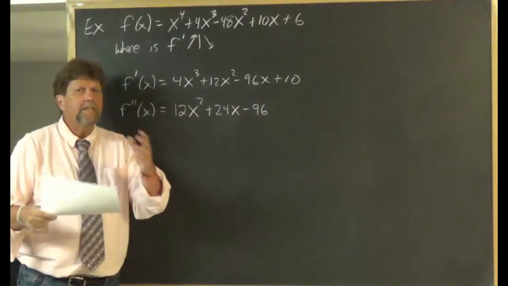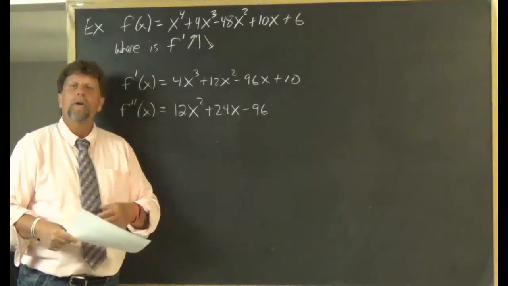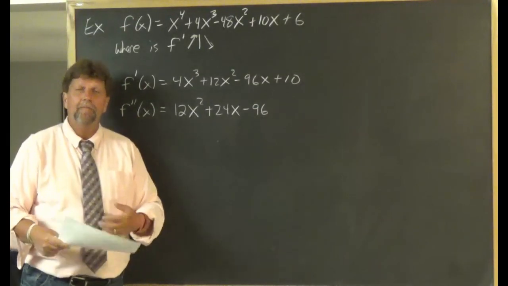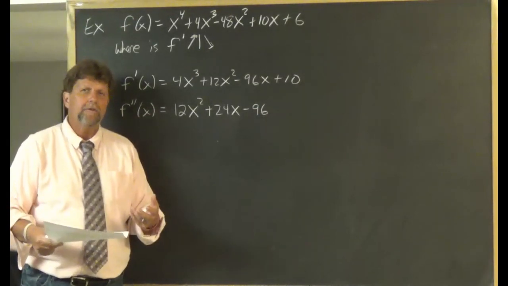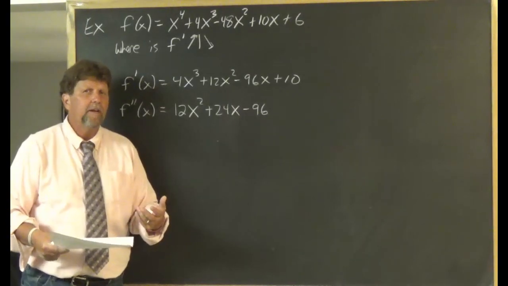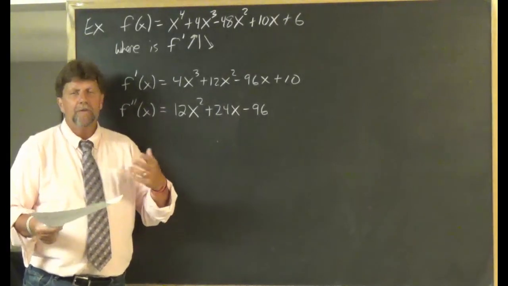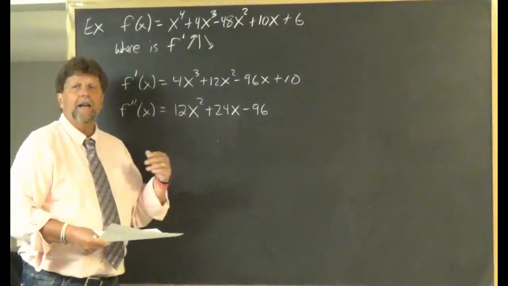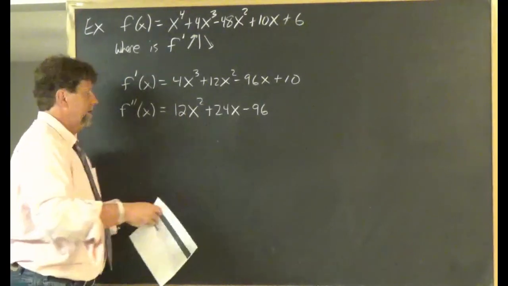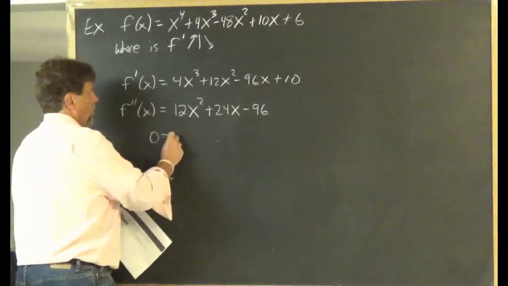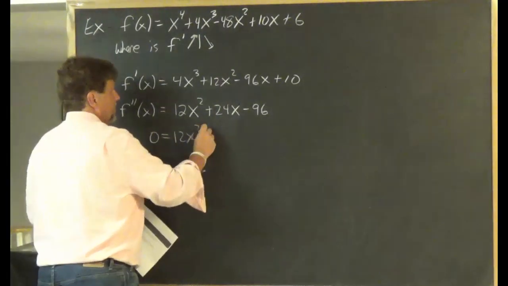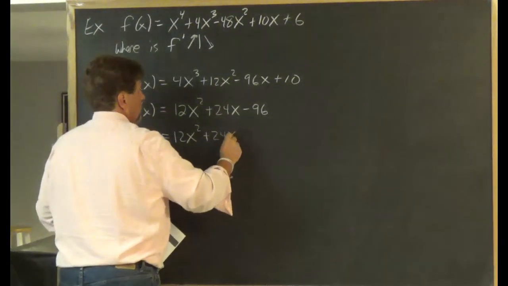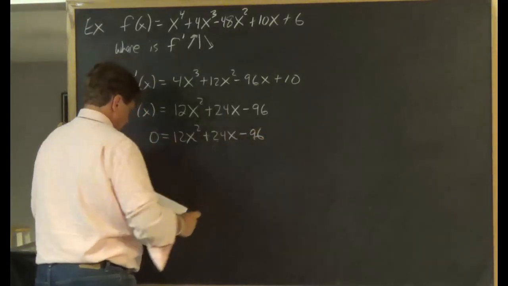So just like what we did in section 5.1, we're going to make a sign diagram. So we need to get the critical values for the second derivative. And remember, for critical values, we've got to see where it's 0 or undefined. Since it's quadratic, it's defined everywhere. So we just need to determine where the second derivative equals 0.